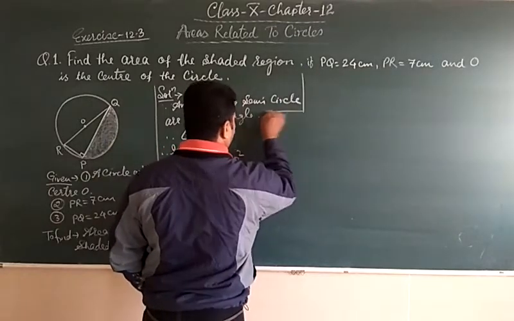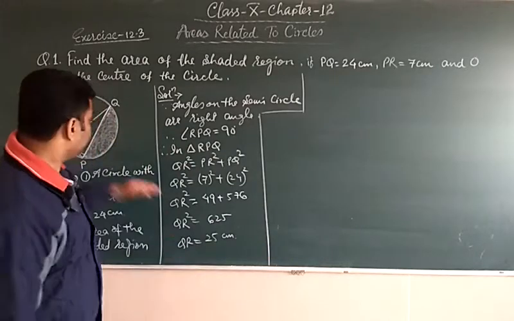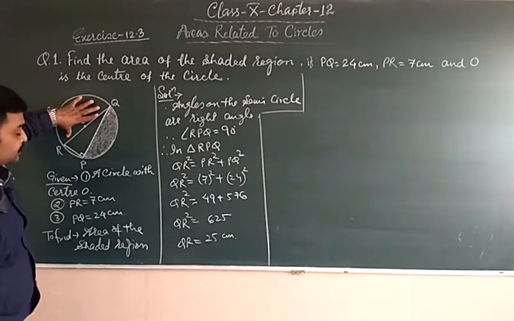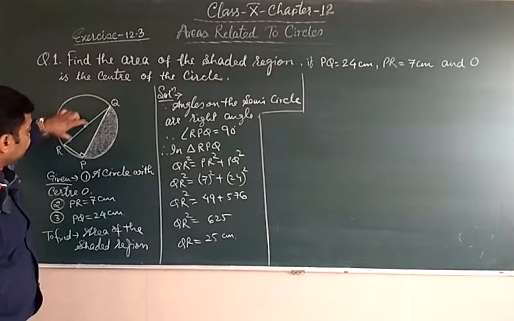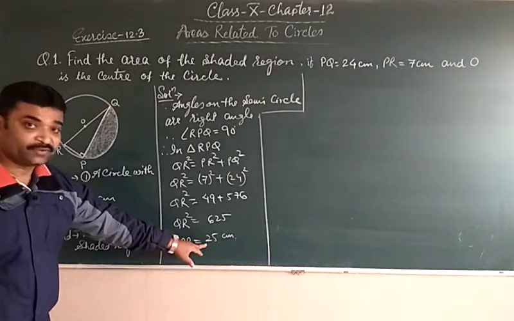Now, QR we got as 25 centimeters, that means this full length. See, this QR is the diameter, therefore the radius of the circle, OR is equal to OQ is equal to 25 by 2.